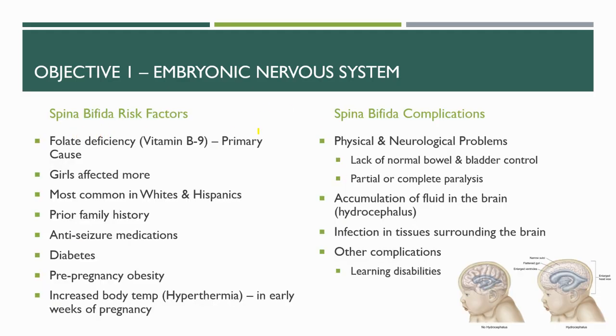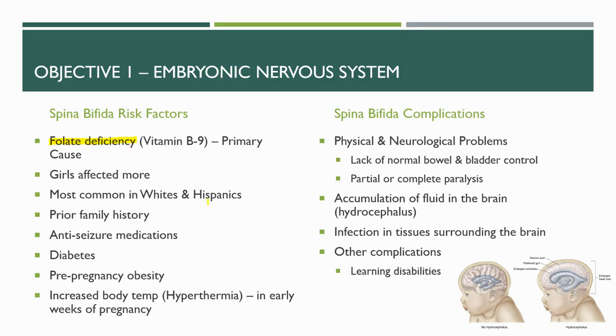What could cause spina bifida? A lot of it has to do with a vitamin deficiency called folate or folic acid, which if you've ever had a child or been pregnant, a lot of times you will be advised to take prenatal vitamins. And one thing that's very prevalent in prenatal vitamins is folic acid. It's going to be important in this early nervous system development.